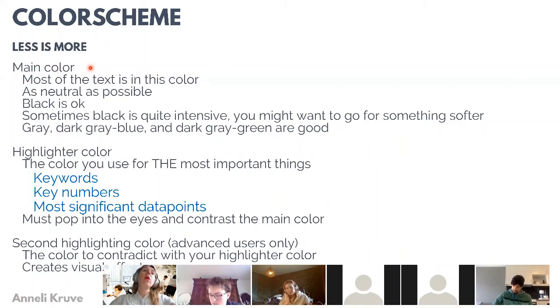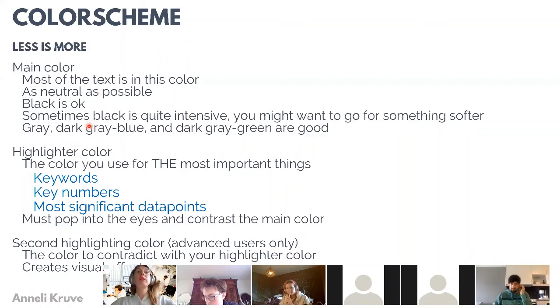The main color should be neutral. So for example, one good color is black. Sometimes black is too intensive. For example, I find for myself that black is too intensive, so I normally don't use that, but black is perfectly fine.